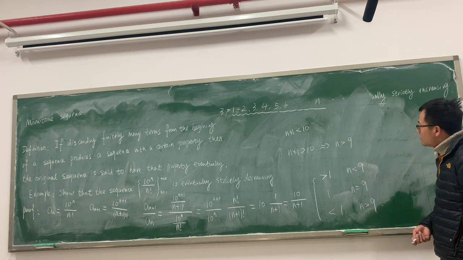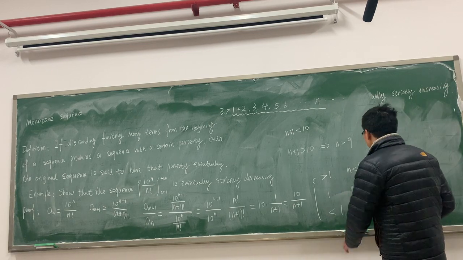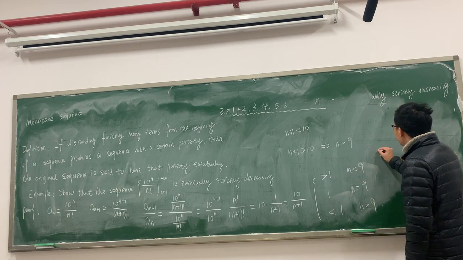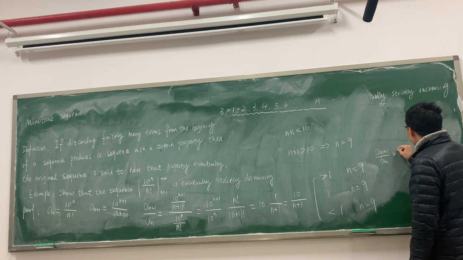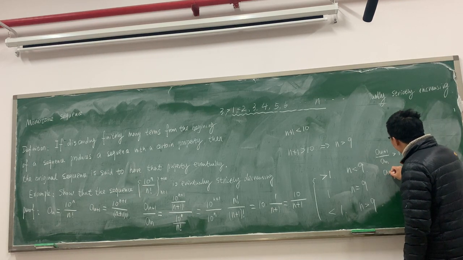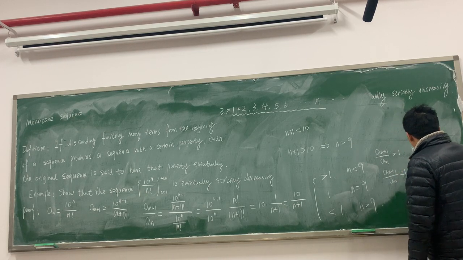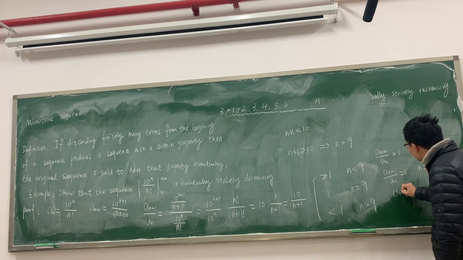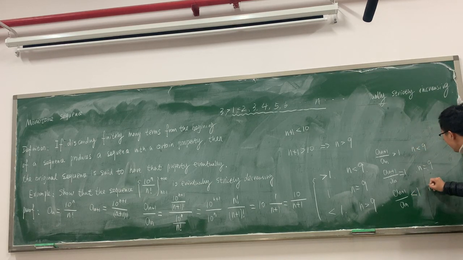From here we can see what? For the first case, a_{n+1} by a_n is greater than 1 when n is less than 9, and a_{n+1} by a_n is equal to 1 when n is equal to 9. And a_{n+1} by a_n is less than 1 when n is greater than 9.